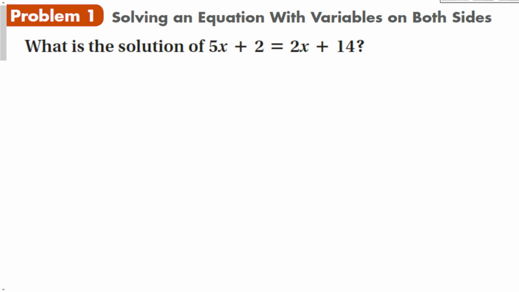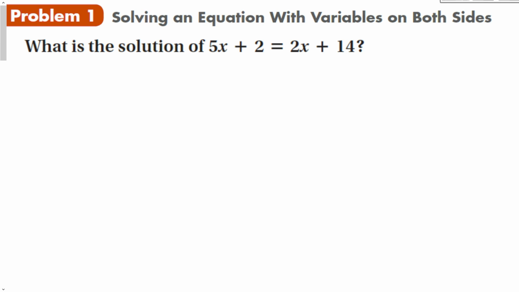Okay, so here's our first equation, solving an equation with variables on both sides. So what's my solution for 5x + 2 = 2x + 14? Like I said, there's a couple different ways to approach this, but what I want to do first is condense the variables into one term, then isolate the variable and solve for it.